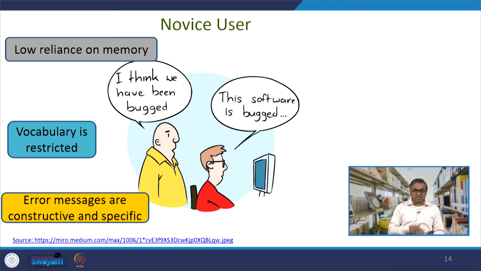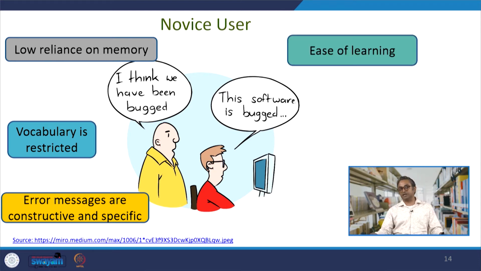With the perspective of the novice user, we have to understand that our user is incapable of understanding and solving the problem. If this is the scenario, then the feedback message or error messages, which quite often come on the monitor screen when you make an error, have to be constructive and specific in nature.